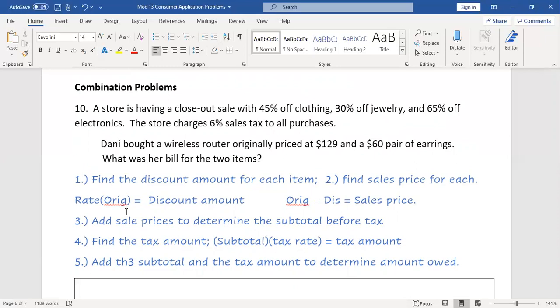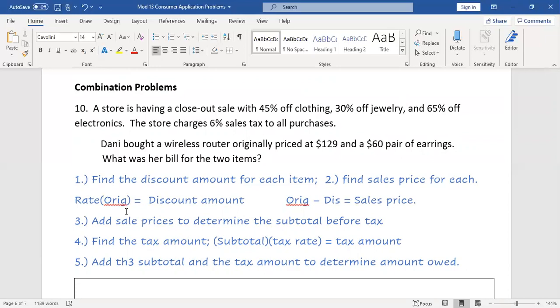Well, both of those items are being discounted, but they're being discounted at different rates. So we're going to have to find the discount amount for each of those items. And then we're going to have to find the sell price for each of those items.